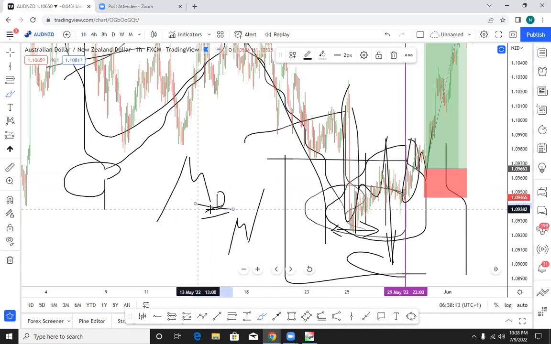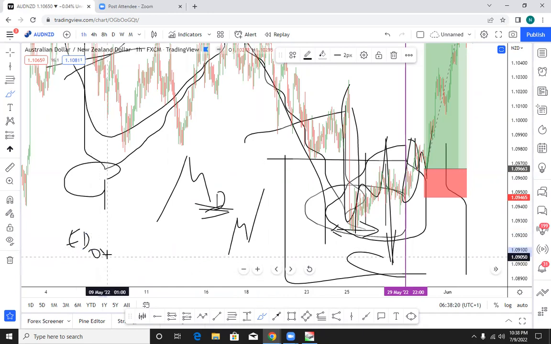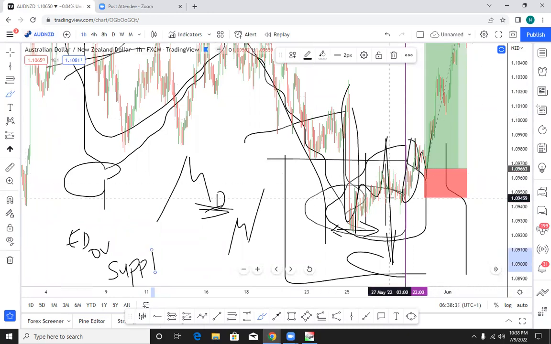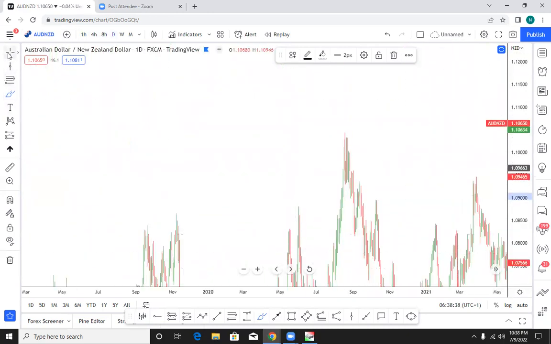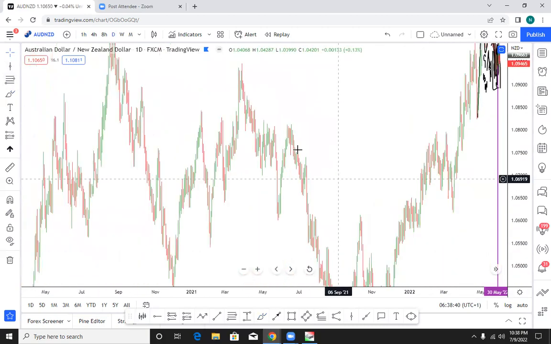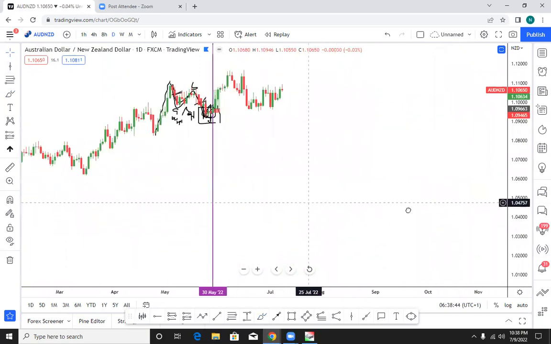Because at this level, there is what we call excess demand over what? Over supply. Okay, the number of people that are demanding to buy AUD against the NZD at this level of daily buy pressure, they are more in numbers.